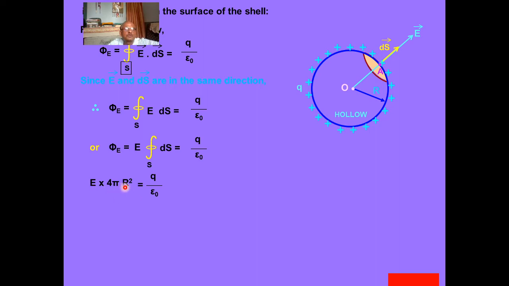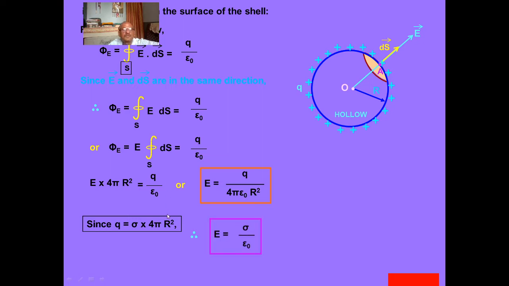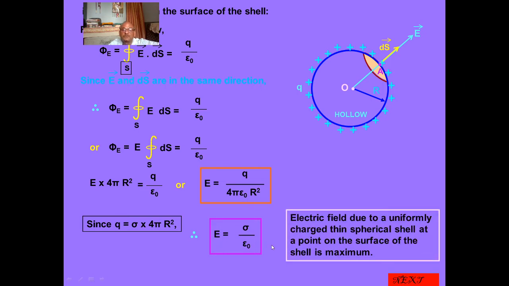So E into 4 pi R square equals q by epsilon naught, and if we substitute the value of q, that is sigma into 4 pi R square, we find the electric field on the surface of the spherical cell is sigma by epsilon naught, which is its maximum value.